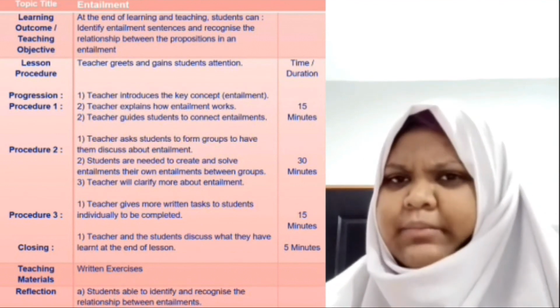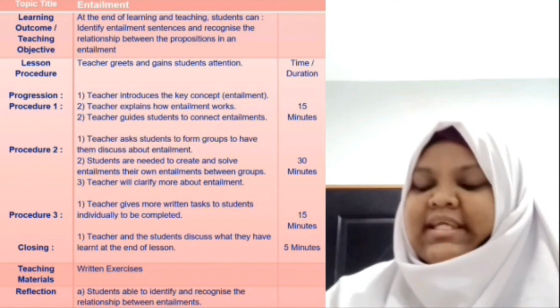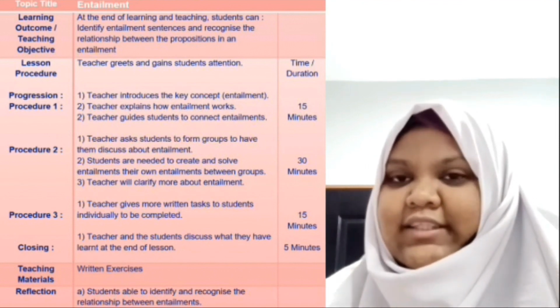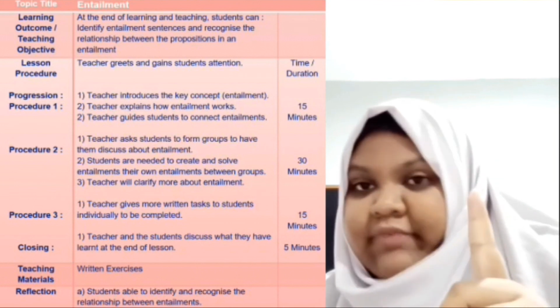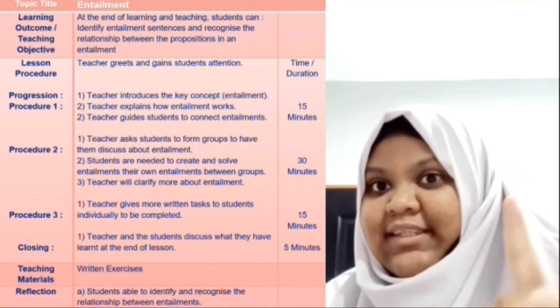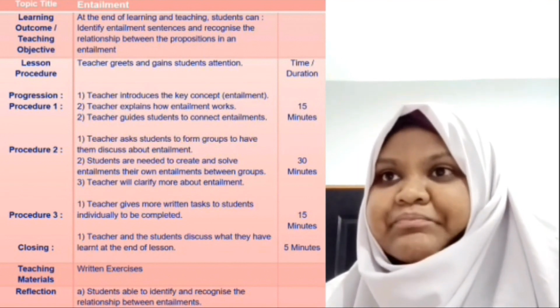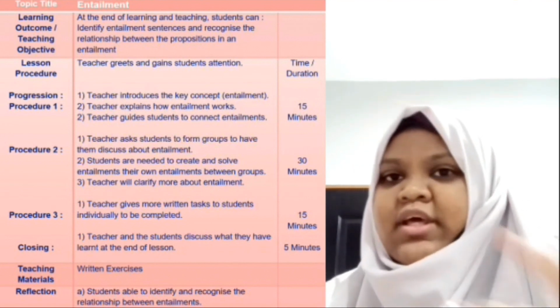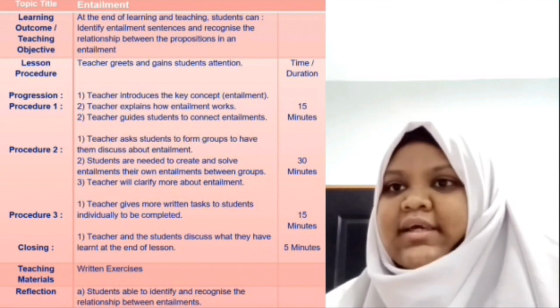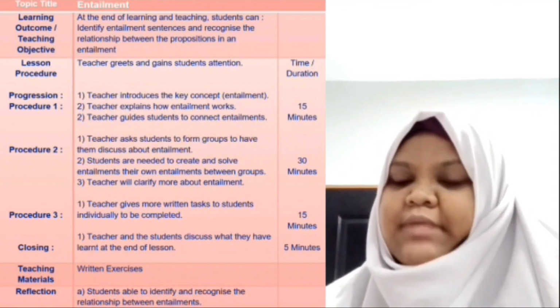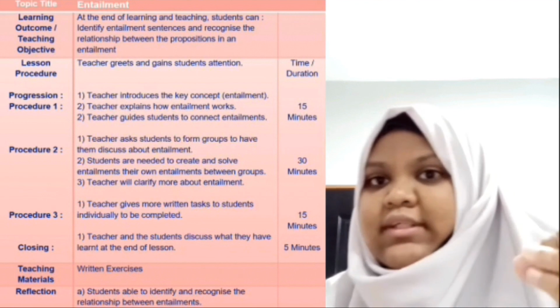So why is entailment in semantics? It is because entailment sentences may be in one phrase or sentence, but they can have different meanings and interpretations about the entailments. That is why entailment is also very important and must be taught.